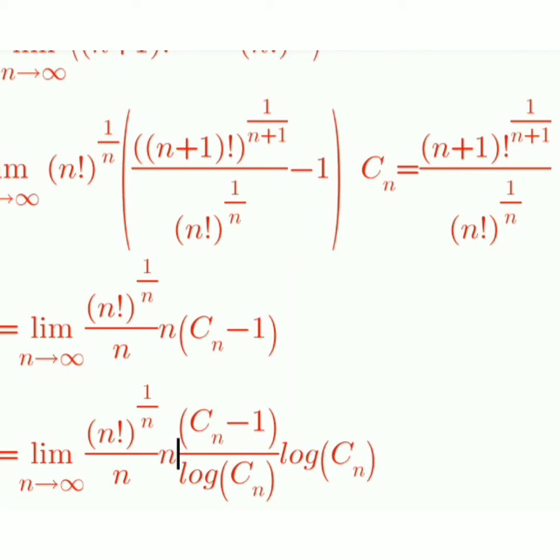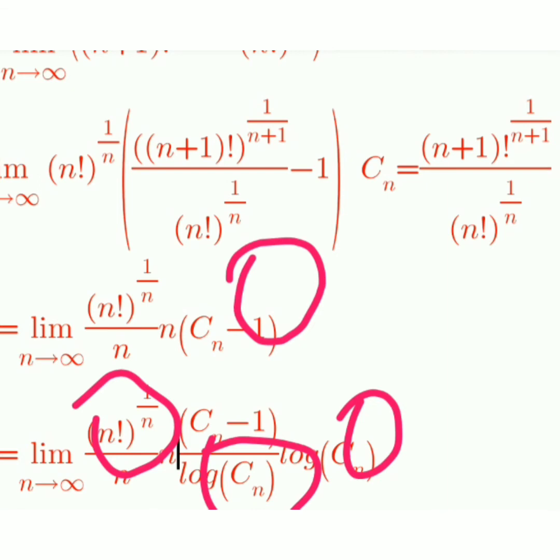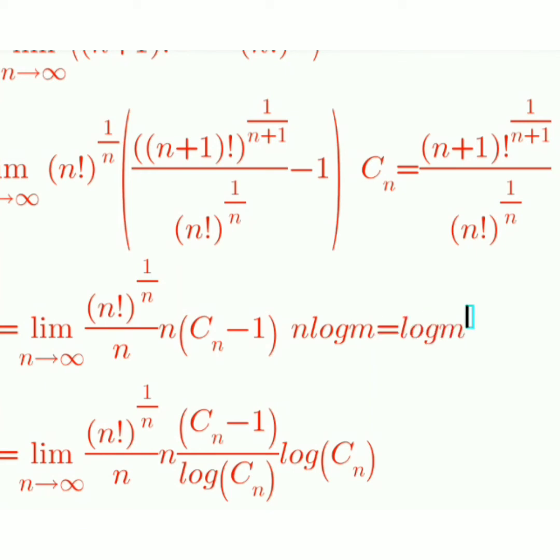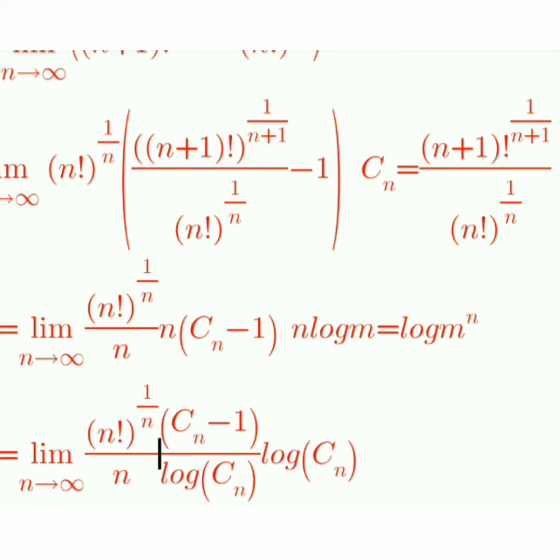And now, friends, you see that this is the n, and this n would be multiplied, because you know the one formula. What is the formula? The formula is n log m is equal to log m to the power n. According to the formula, it should be written in here. So friends, this is my total arrangement.